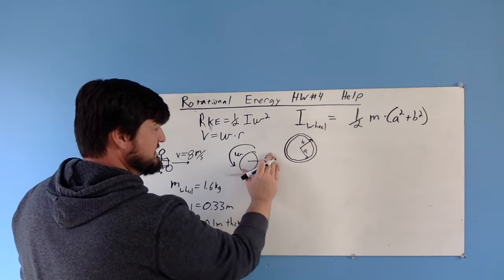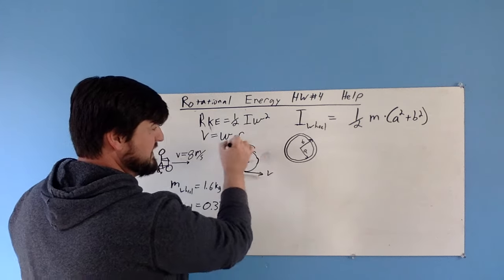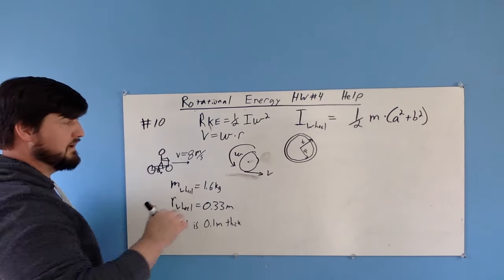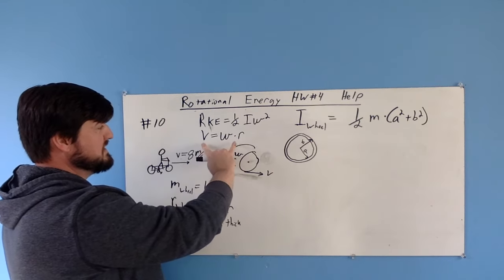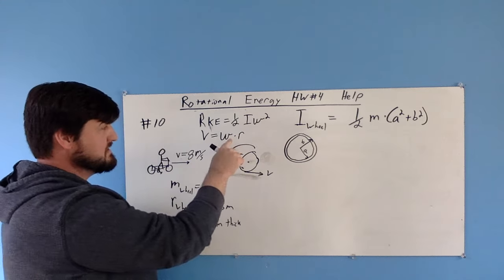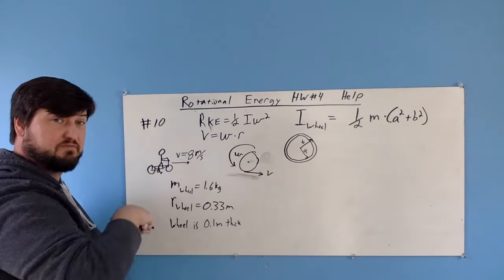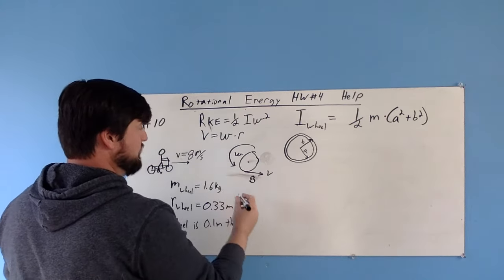So if that's the case, we can figure out how fast we're going rotationally around with this thing, okay? What we need is this formula right here. Given our radius of the wheel and the straight line velocity, it will actually give us an angular velocity for that wheel. So if this is 8, we plug in here.